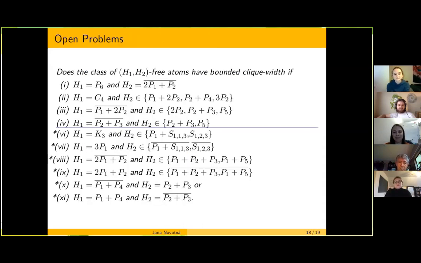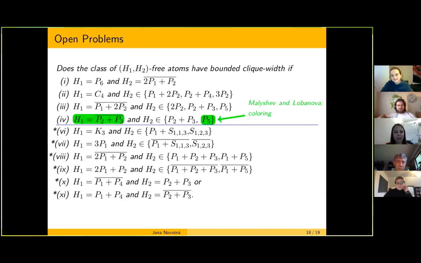So I promised at the beginning that in the end I will tell you open problems. Here are the 19 open problems, and those with a star are open even for Clique-width. What we showed is that these two cases are equivalent for atoms, so you can say that there are 18 open problems. I said 19, but it doesn't matter much.